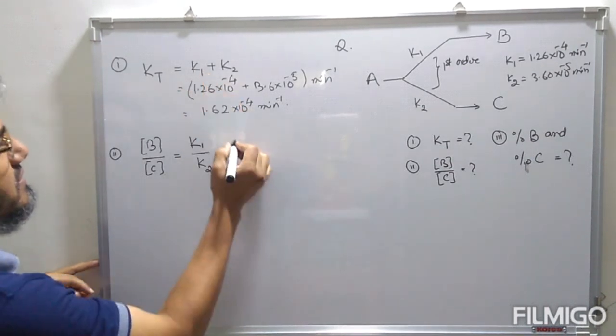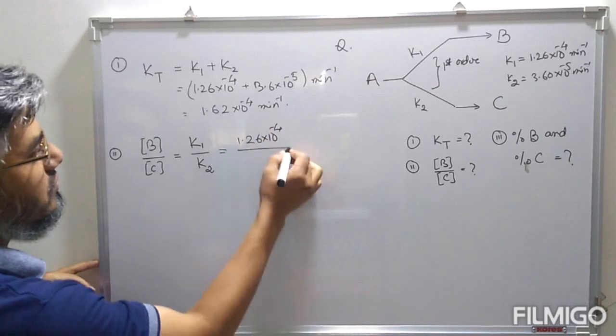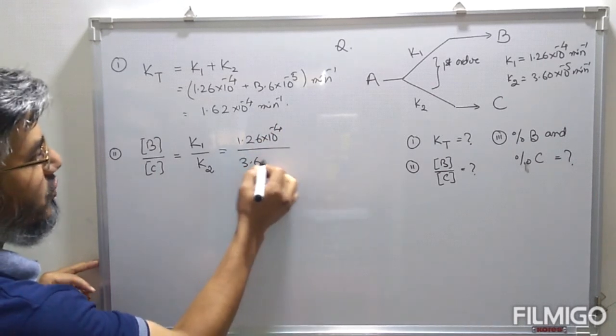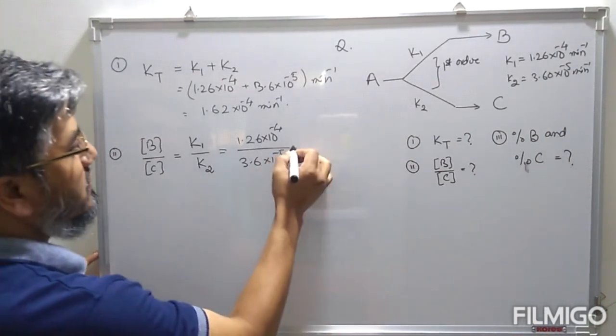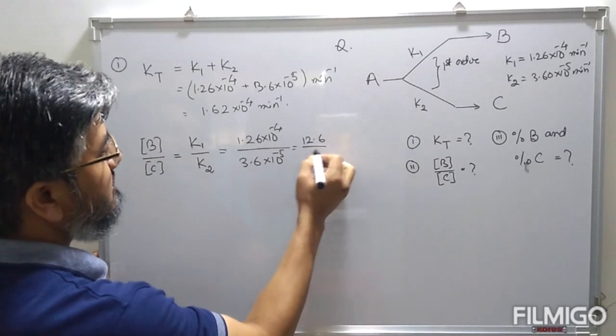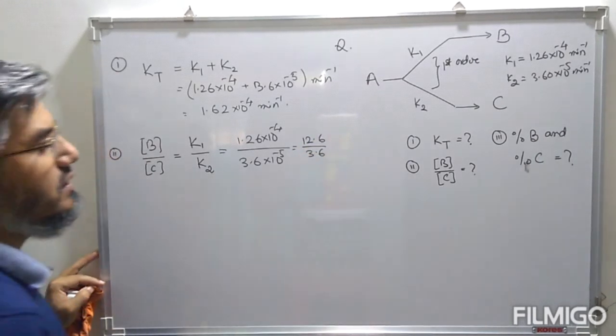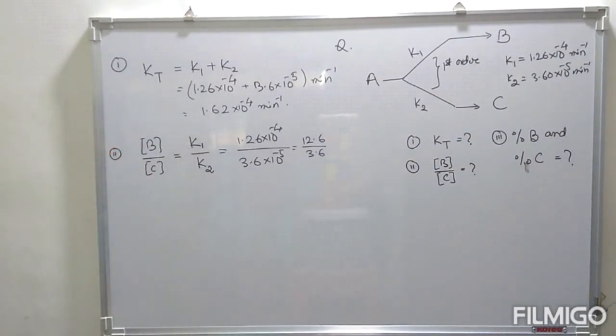K1 is given as 1.26 into 10 to the power minus 4. K2 is 3.6 into 10 to the power minus 5. So this comes out to be 12.6 divided by 3.6. This is the ratio of the products B and C at any given instant.